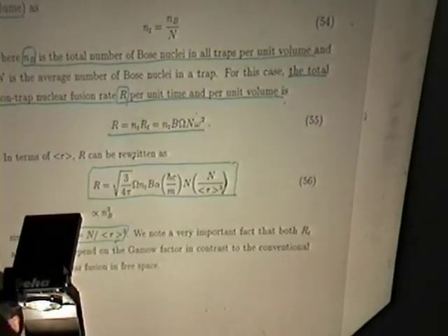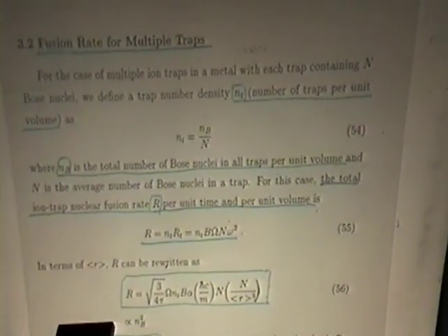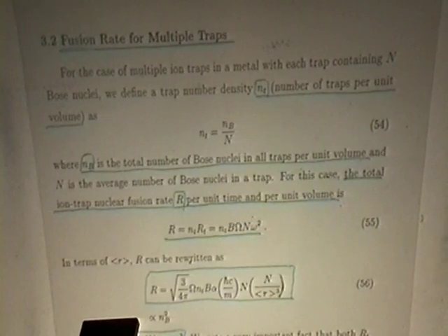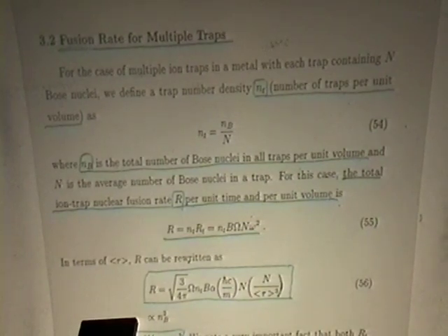But a more interesting thing is to apply this to cold fusion. If I make a multiple trap, you just simply multiply the number of traps in the system, and then you can rewrite that. And it turns out that this expression goes like the deuterium density squared.